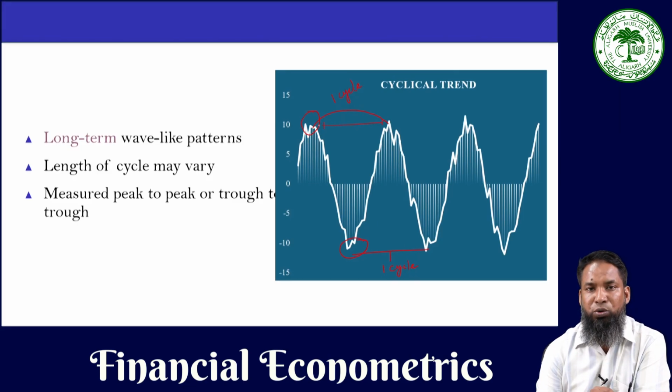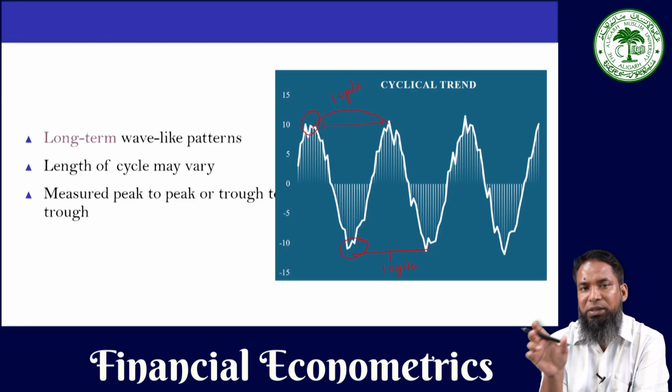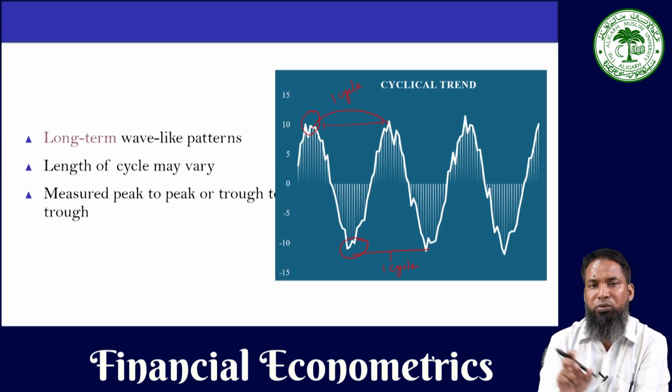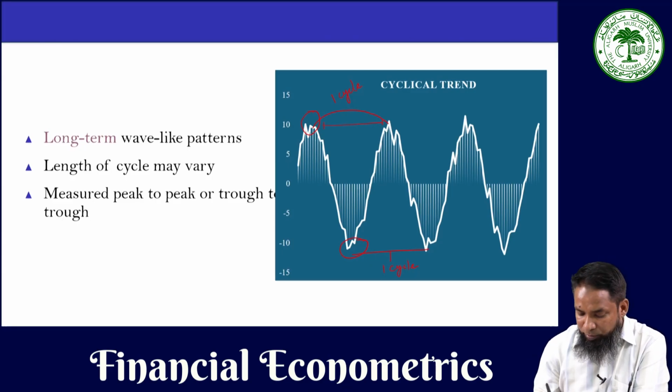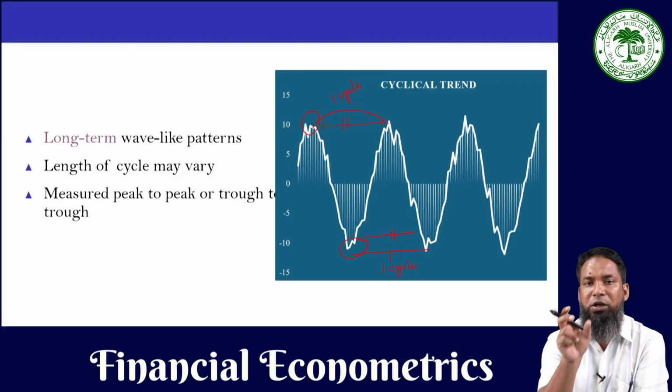However, in the seasonal case the period is the same, for example quarter to quarter, whereas here the period needed to complete one cycle may not necessarily be the same. That means the length of a cycle may differ over time.